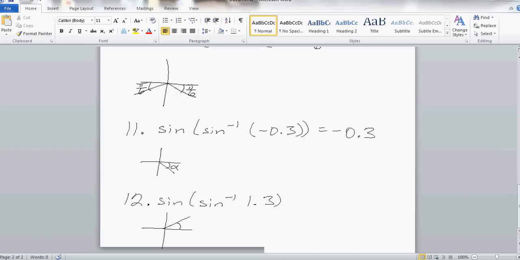Then we ask, what is the sine of that angle? The sine of that angle is going to be exactly the same, except for the fact that the range of sine is between negative 1 and positive 1. And this is well outside of that range, and so this is not defined.